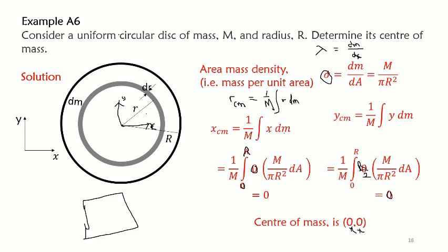And it's true for a uniform circular disk. If the masses of the particles that make up that disk are evenly distributed, then the center of mass will be at the center of that disk. That works.